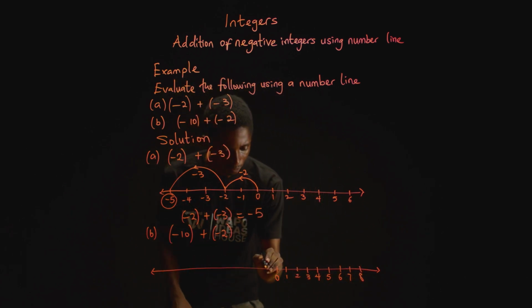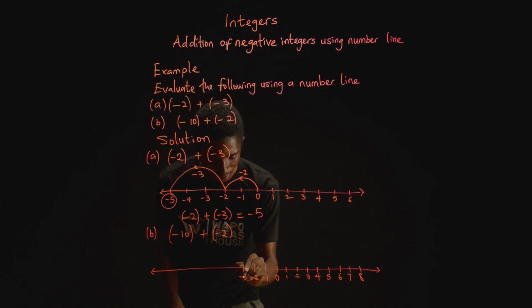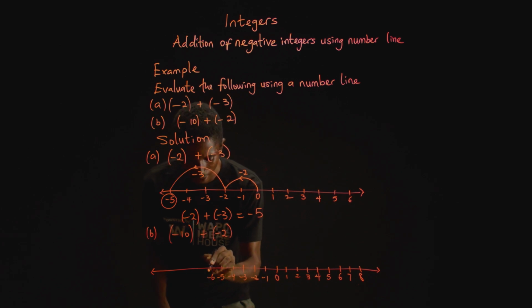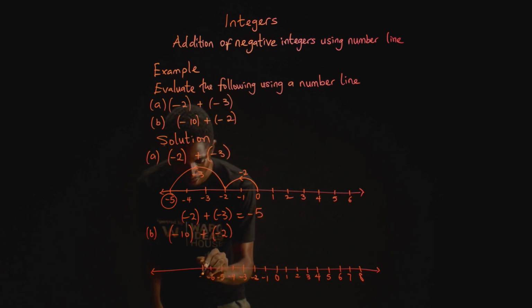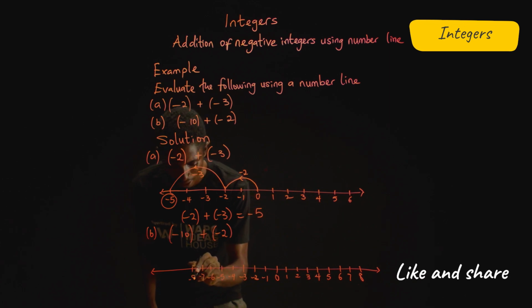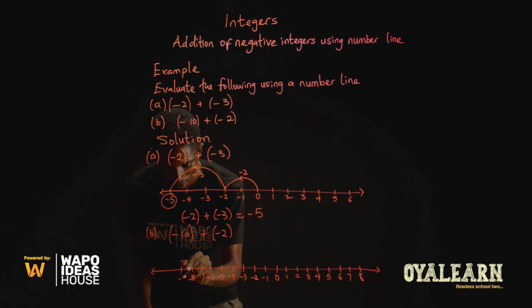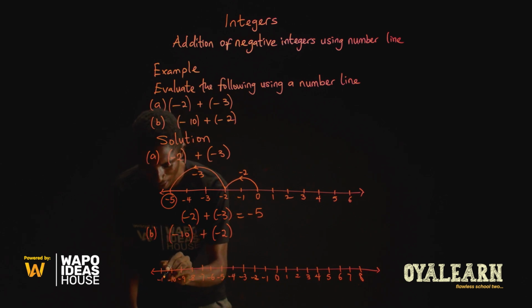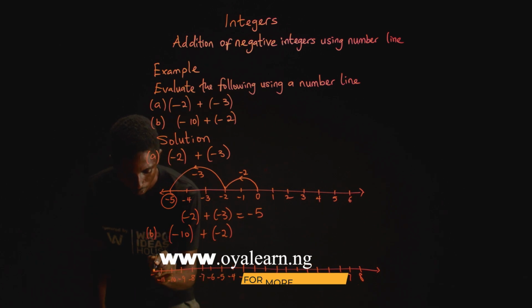And to the left, -1, -2, -3, -4, -5, -6, -7, -8, -9, -10, -11, -12.